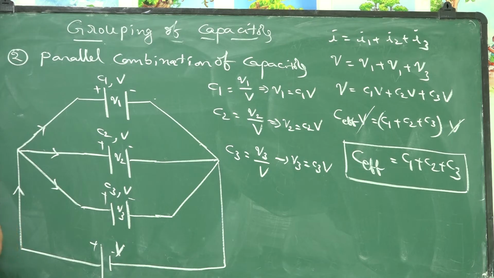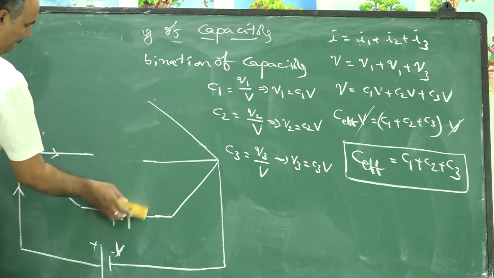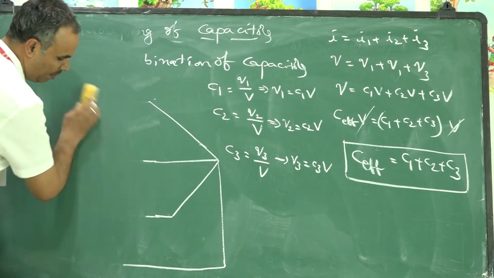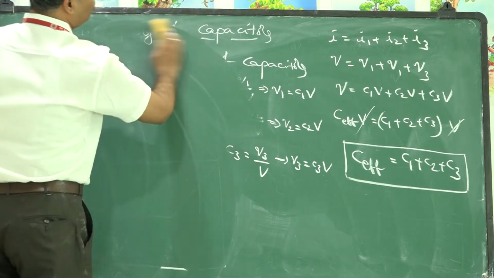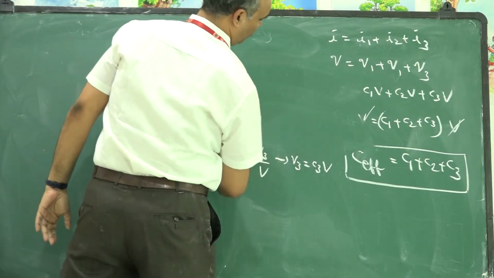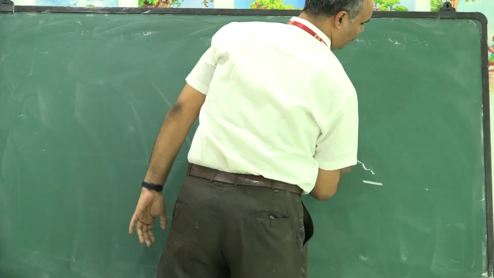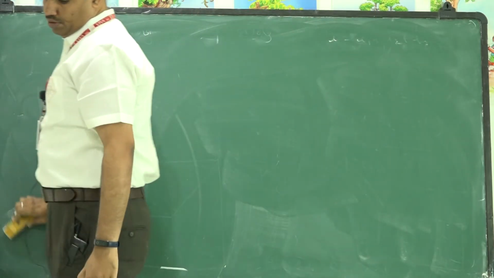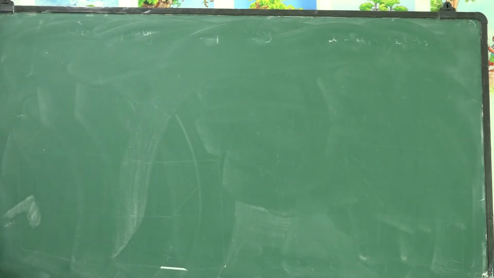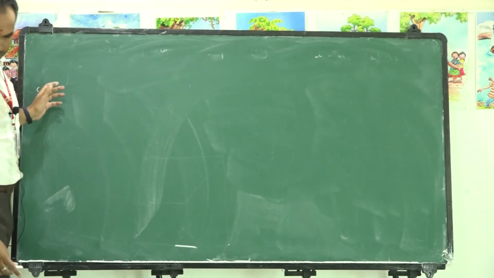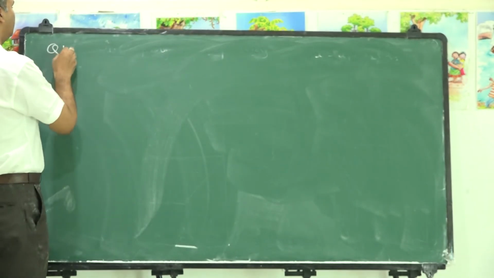Let us go to discuss one problem based on the combination of capacitors. So the first problem related to this is given like this. There are two capacitors. Question.